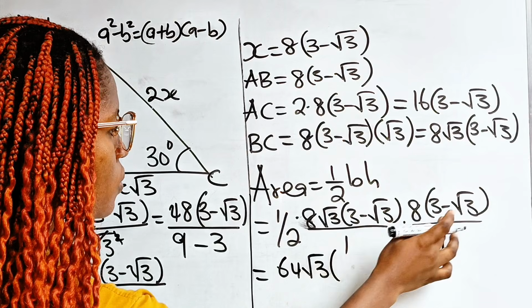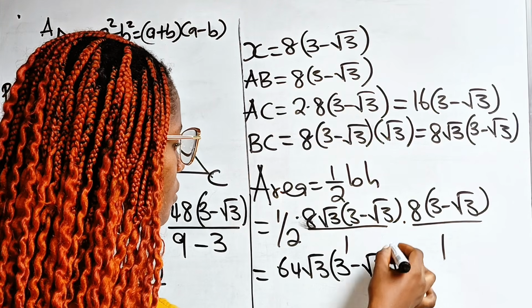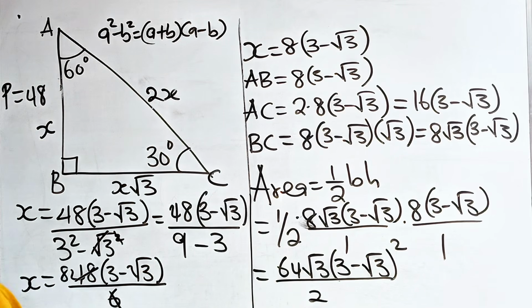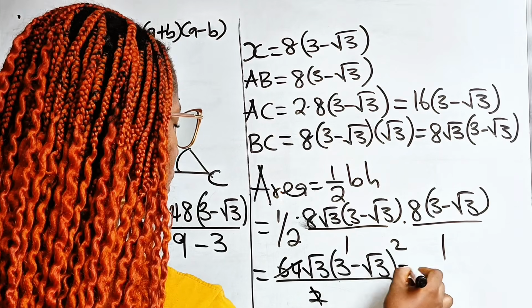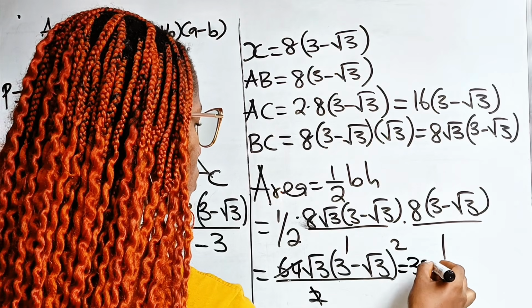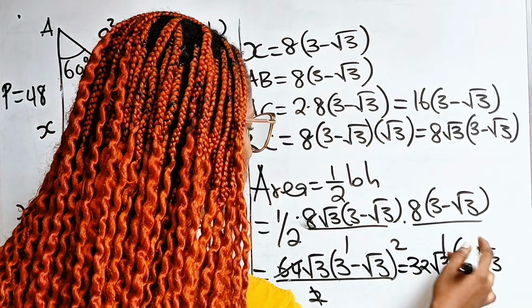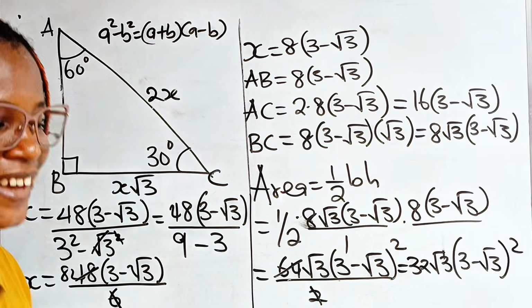And we have 3 minus root 3 times 3 minus root 3, 3 minus root 3 squared, divided by 2. So we divide this and we have 32 root 3 bracket 3 minus root 3 squared.